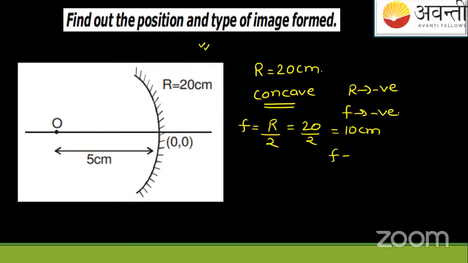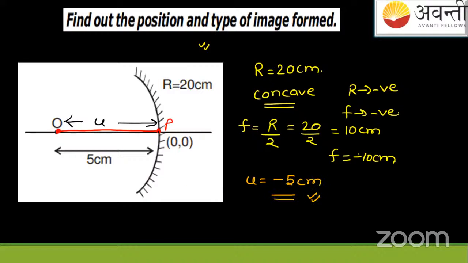If anybody is facing any doubt in between, you can text at any time in the chat box. Focus here will be minus 10 centimeters. You can see the object distance is given as, this is the pole, so object distance u is 5 centimeters. But with sign convention, u is minus 5 centimeters.